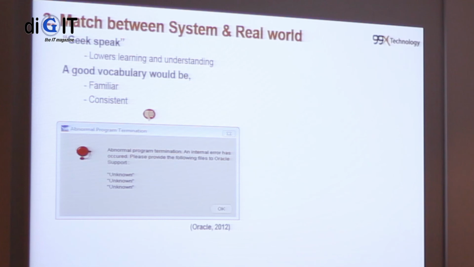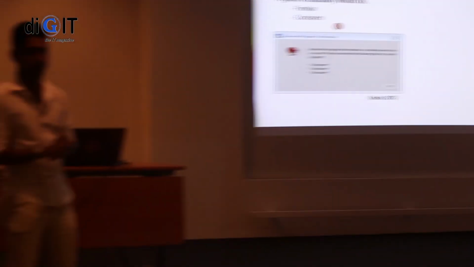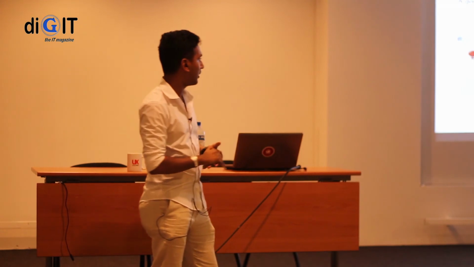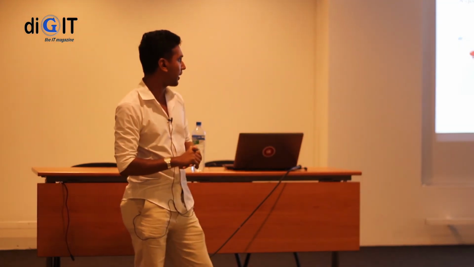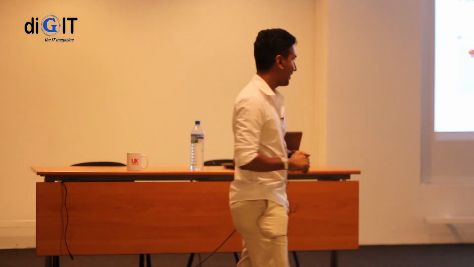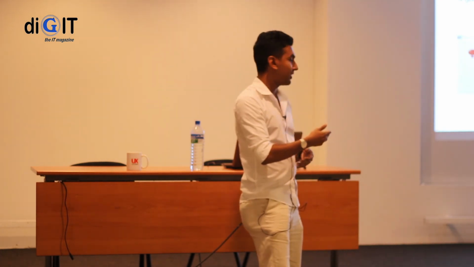This error message is from an Oracle-based system, and to be honest, I have no clue what this error means, because it just says abnormal program termination, blah blah blah, and gives me a couple of files which are known as unknown. Right? So I'm pretty sure not even the developer knows what this means.